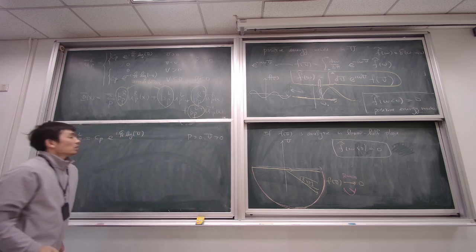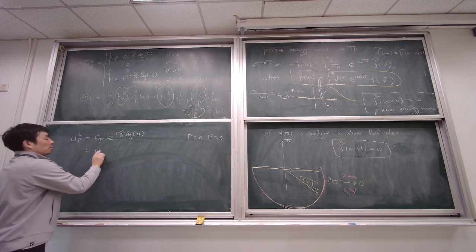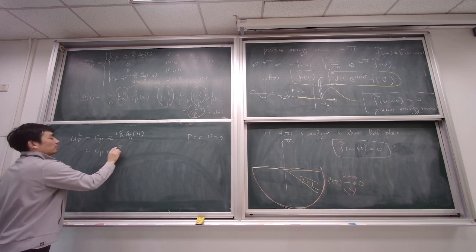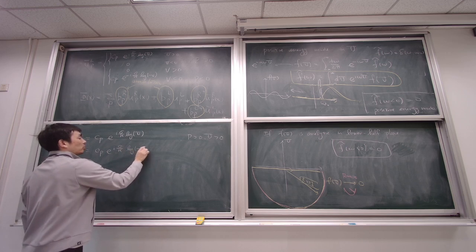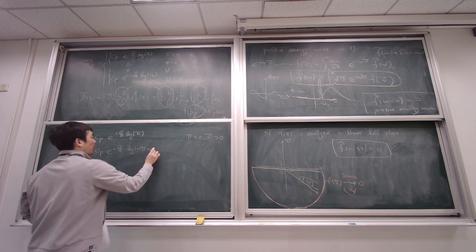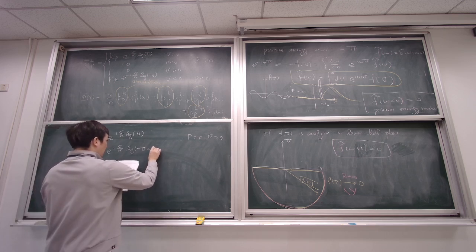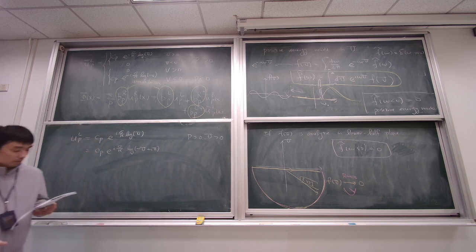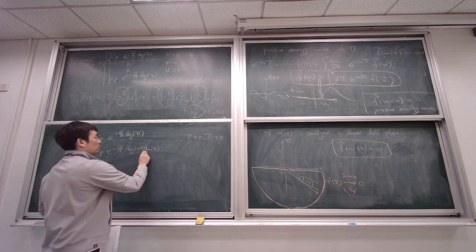This can be manipulated: Cp e to the I sigma over kappa log of minus U plus I pi, or plus or minus, minus I pi, log U.